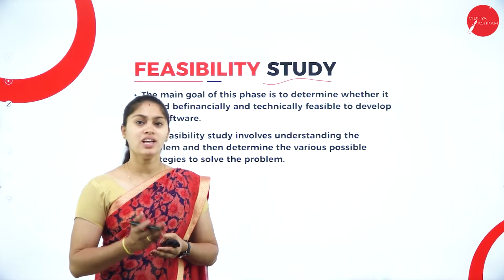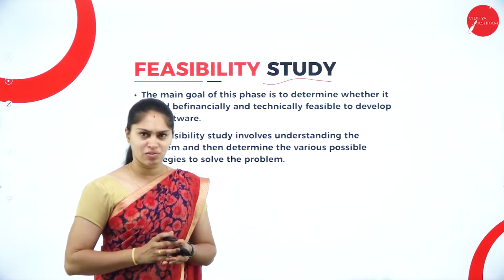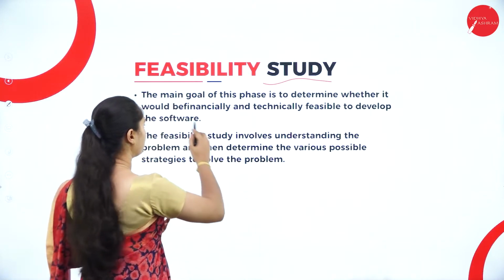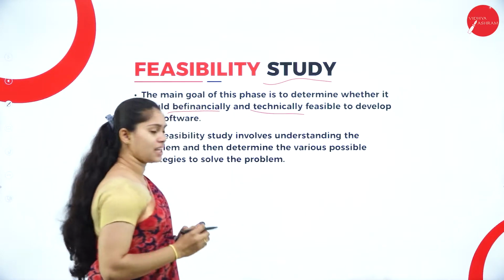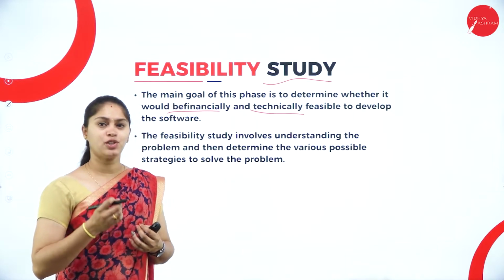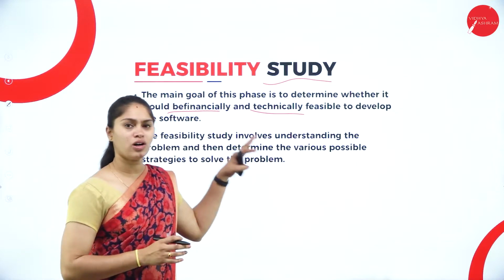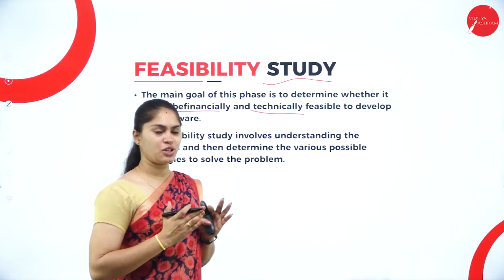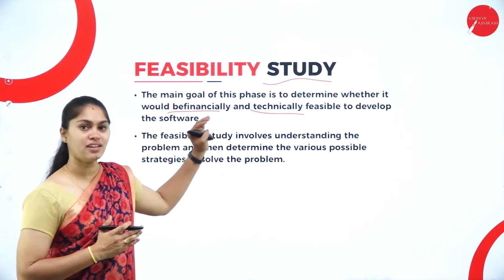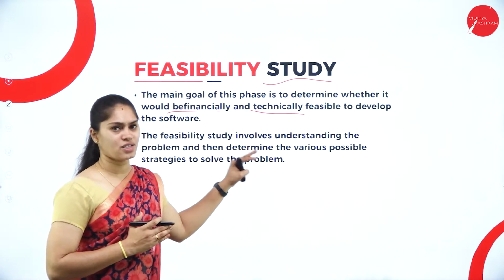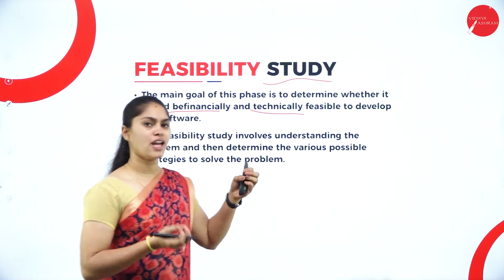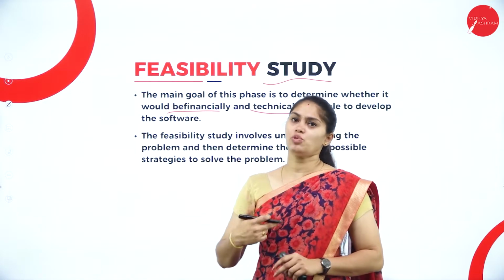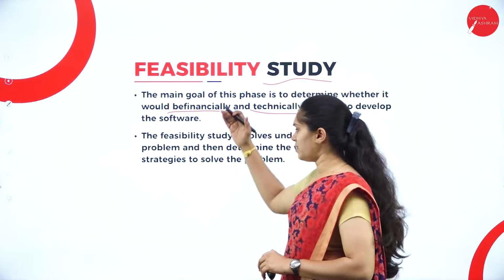If yes, then how much time it will require, what the benefit is, and whether it is technically possible to implement. All of that needs to be analyzed by the user as well as by the developer of this particular software. If yes, then how much time and what is the budget. That is what the feasibility study is.